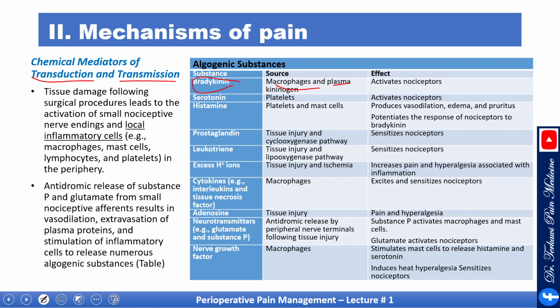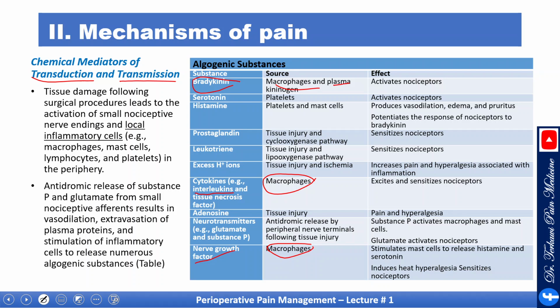You have serotonin and histamine from the platelet, which cause vasodilation, edema, and pruritus; prostaglandins; leukotrienes; excess hydrogen ion; and a bunch of cytokines, mainly the interleukins, released from the macrophage, which again excite and sensitize nociceptors. Adenosine and more neurotransmitters like glutamate and substance P, and nerve growth factor, which is again released from the macrophage and stimulates mast cells to release histamine and serotonin.